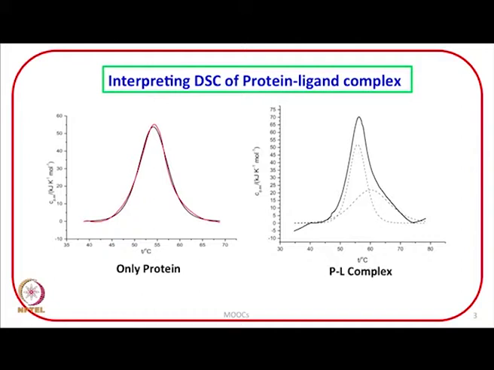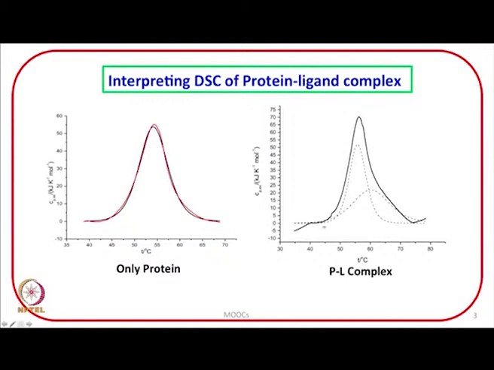It is possible that sometimes we may get this kind of DSC profile for a protein-ligand complex. In the previous slide, I showed only one endotherm for a PL complex, but here I am taking another example where PL complex may show this kind of endotherm.